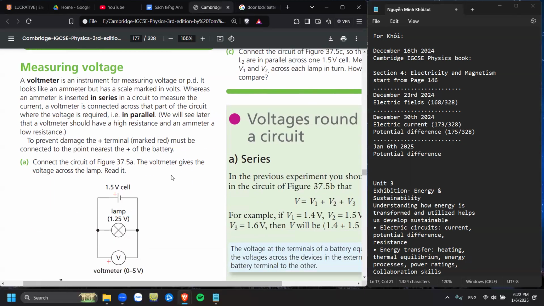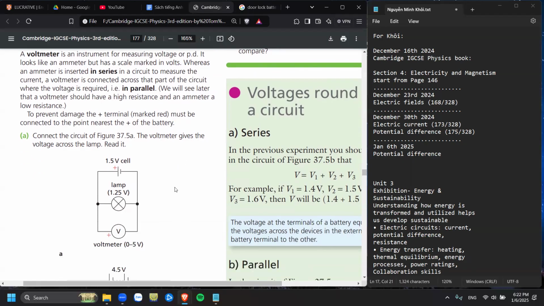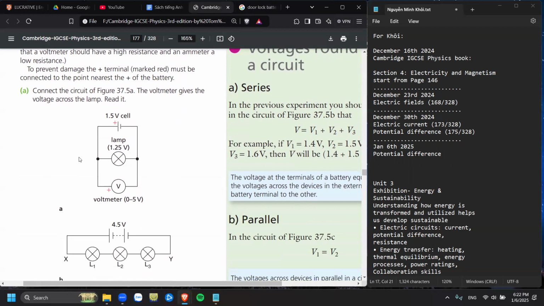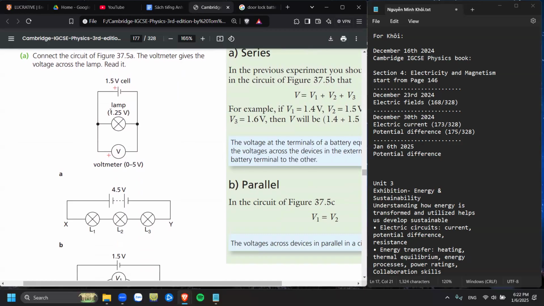All right, we have the practical work here, with voltmeter in series and parallel here. Let's say we have a 1.5 volt cell here, and you have a 1.25 volt lamp there, and you have a voltmeter.